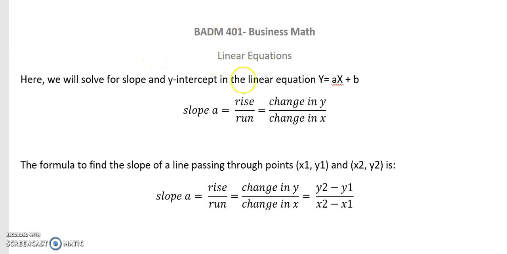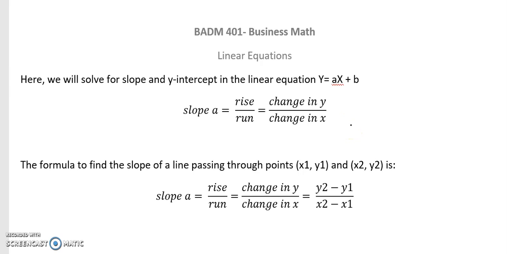So here we're going to talk about how we can solve for the slope and y-intercept. Now, we know this is what we learned. For an equation y is equal to ax plus b, slope is the rise by run, which is the change in y direction and change in x direction.